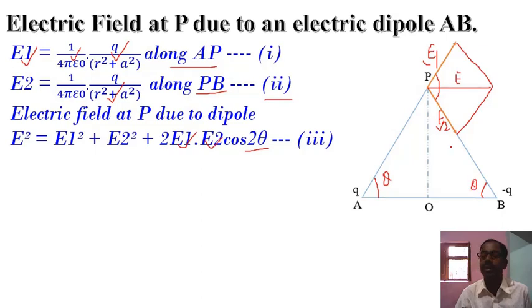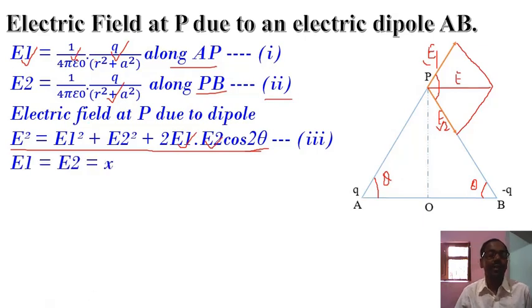We know that in a triangle, the exterior angle equals the sum of the opposite interior angles, so theta plus theta is 2 theta.